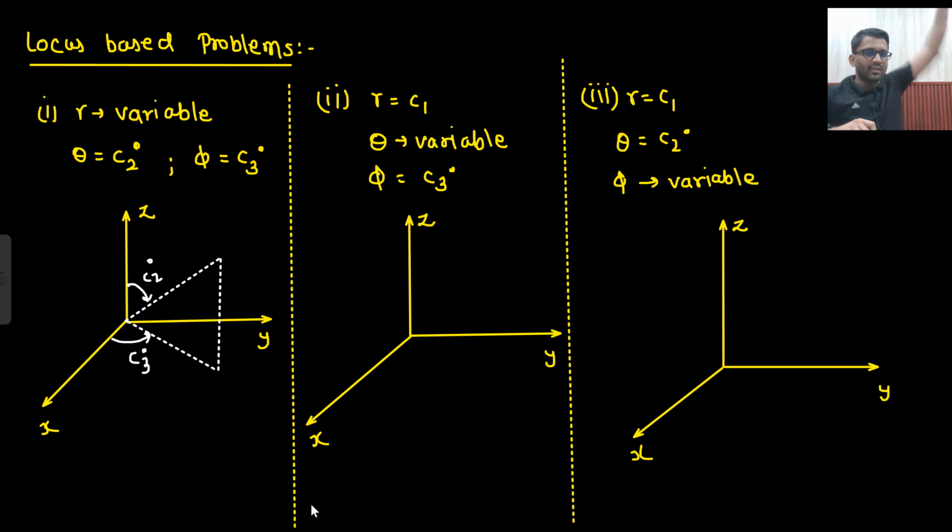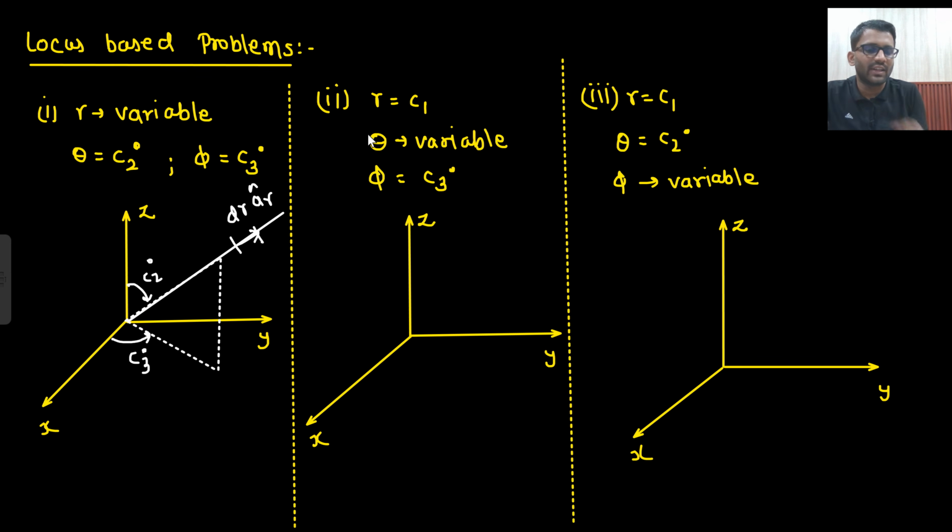But r is variable. So r can be 0 and it can increase in this manner. In which direction is it increasing? Let's say this is a small length and it is increasing in this direction. So what will I call it? dr ar cap. If I take a small length dr, it is increasing in the ar direction.